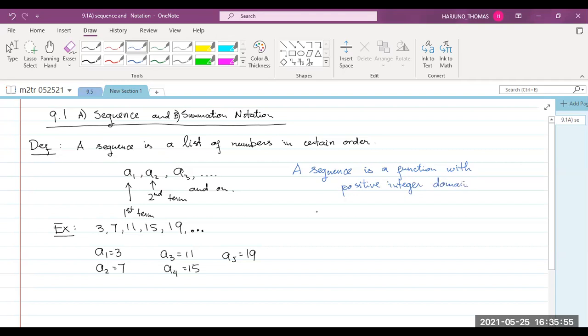So we can say that our a sub n, you can think of that as f of n, where n is a natural number.